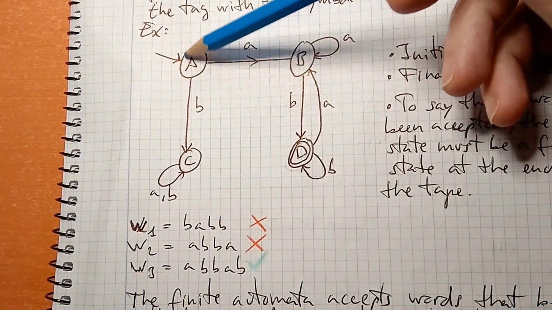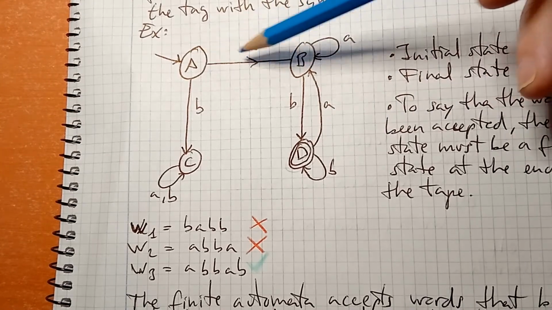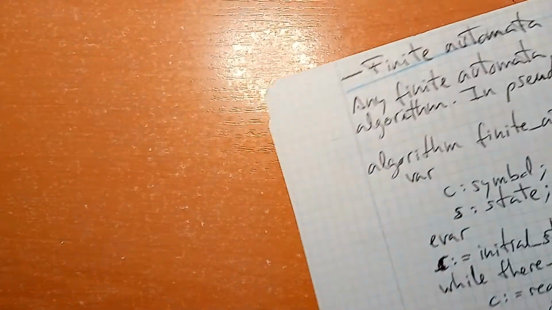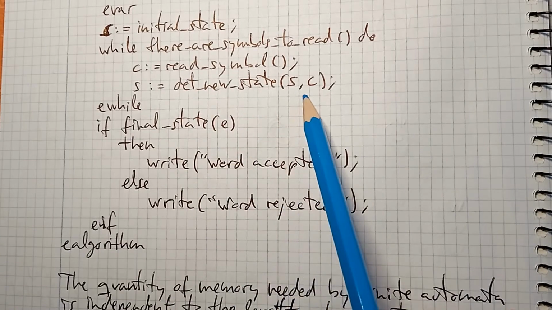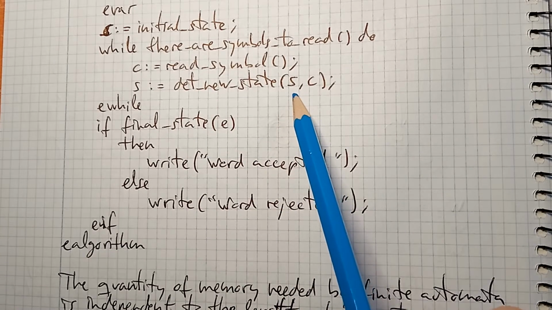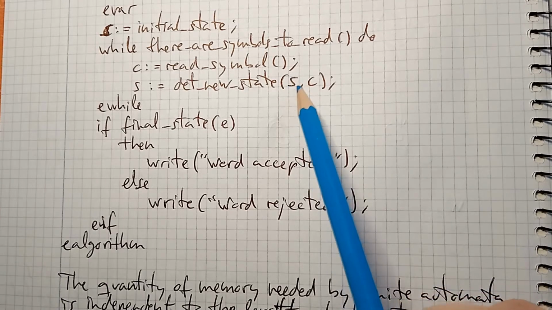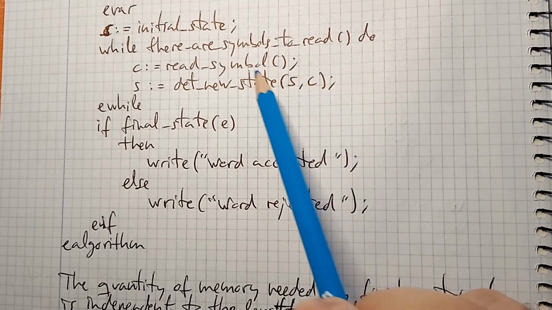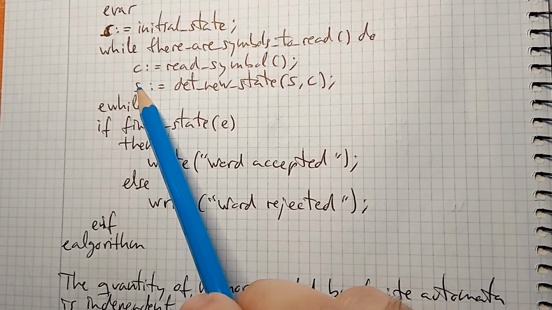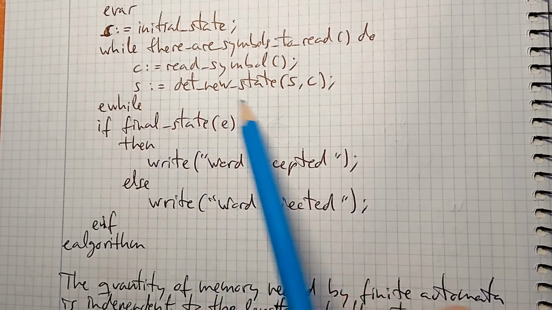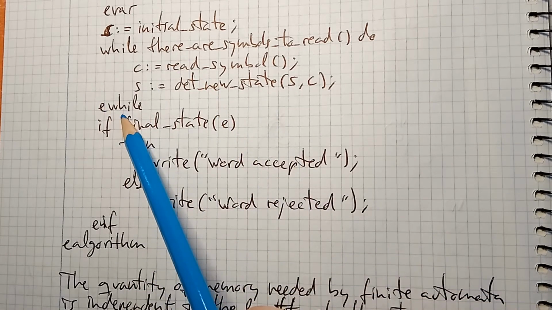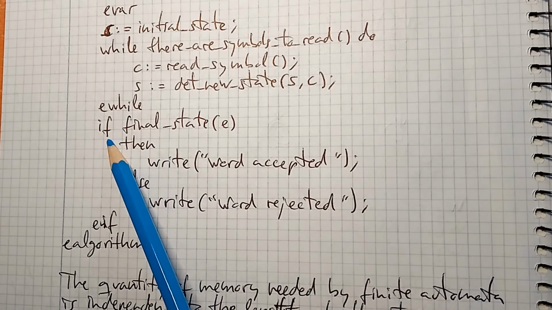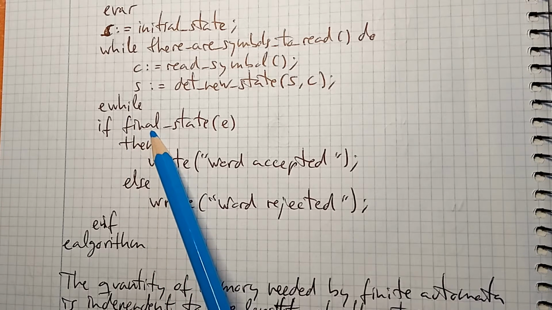while we haven't arrived to D, C reads the symbol, and S determines the new state. How? With the actual state and the symbol just read. You see that there is S and S, so this is a recurrent function, and when it's done, there is a condition.